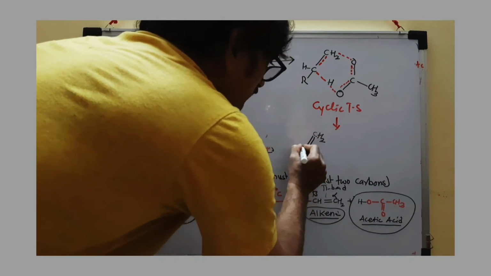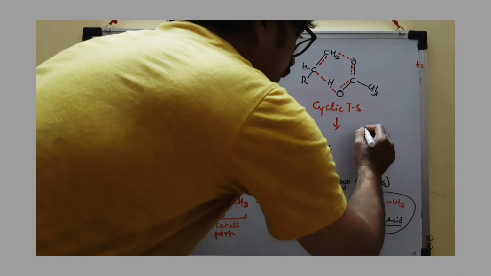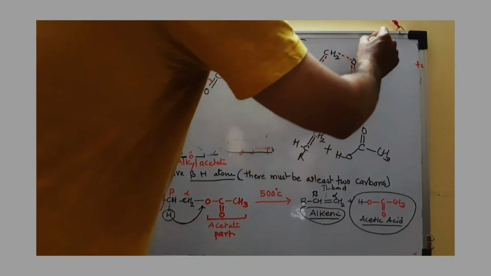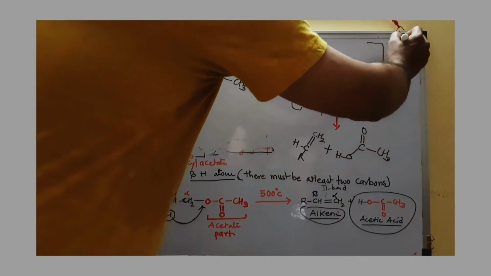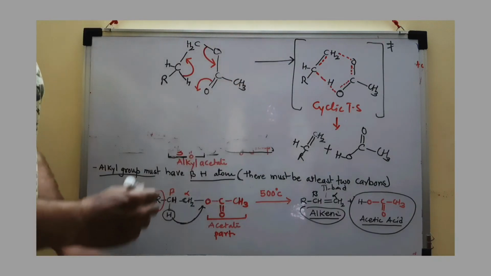So a double bond between CH and R, plus there is always formation of acetic acid, so O and H. So what is this? This is a cyclic transition state. That's why this is a pericyclic reaction.